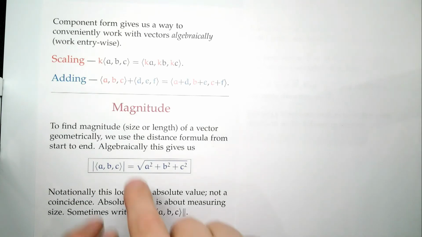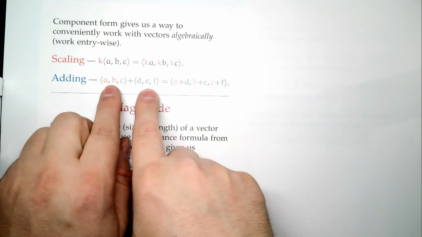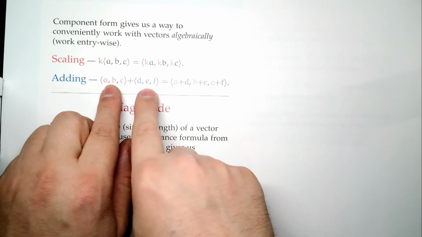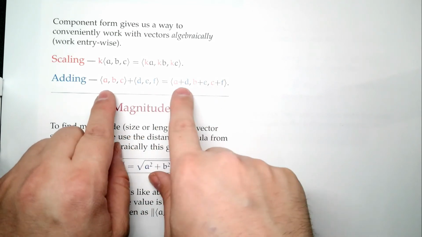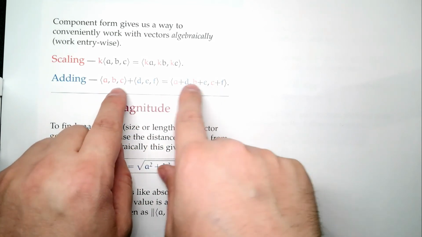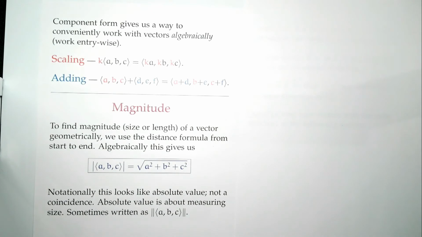If I want to add, and I have two vectors, a, b, c, and d, e, f, I just add entry by entry. So I combine the changes in x, the changes in y, and the changes in z. All right. So scaling and adding are very easy for component form. You just do the intuitive thing. Think intuitively, and you're probably going to be okay. We'll break you about thinking intuitively next week. But for now, think intuitively.